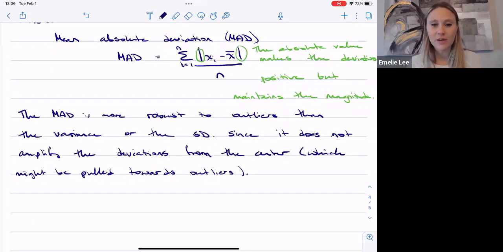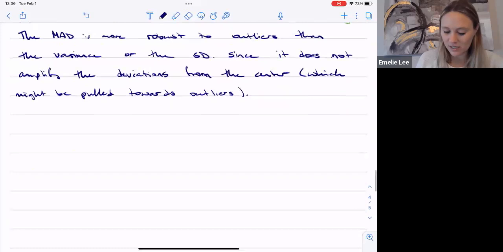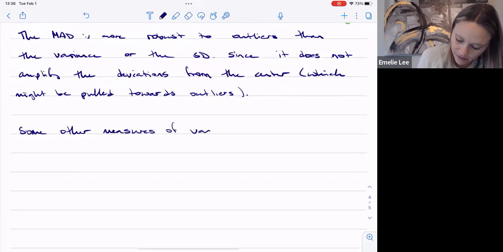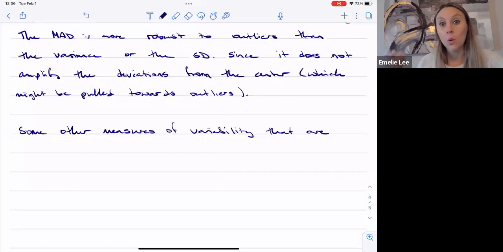We've already talked about percentiles, specifically the quartiles, right? We've already talked about the quartiles and some other measures of variability that are more robust to outliers, things like the percentiles, the quartiles, the interquartile range.